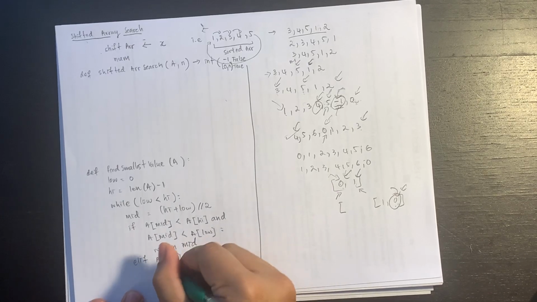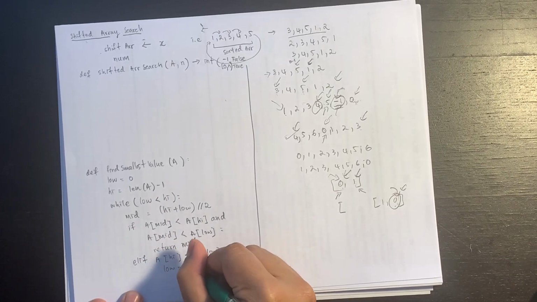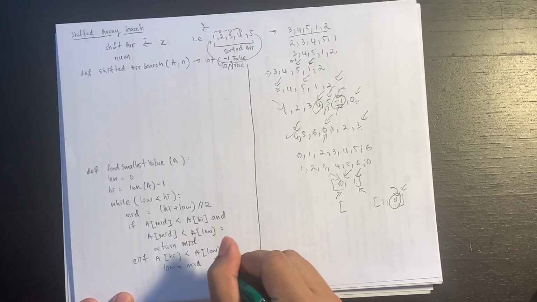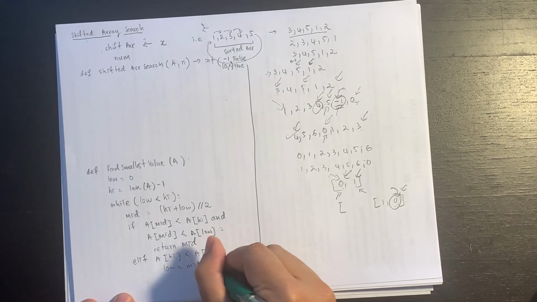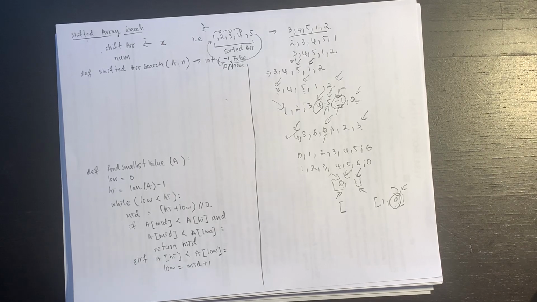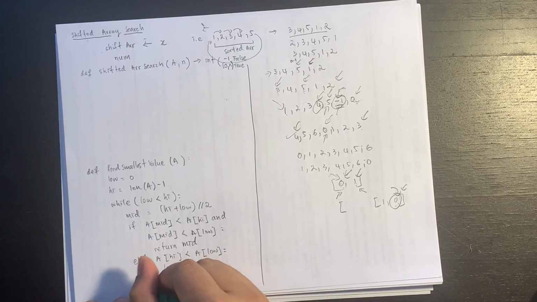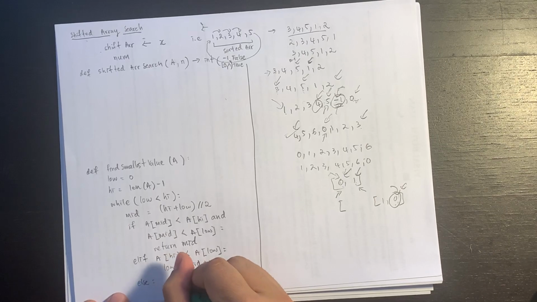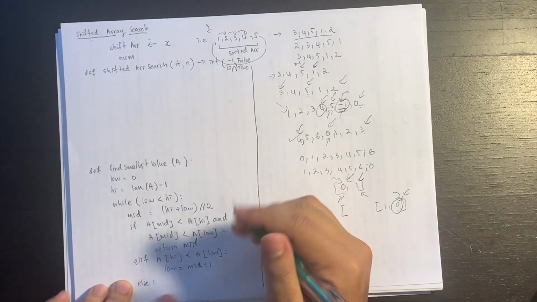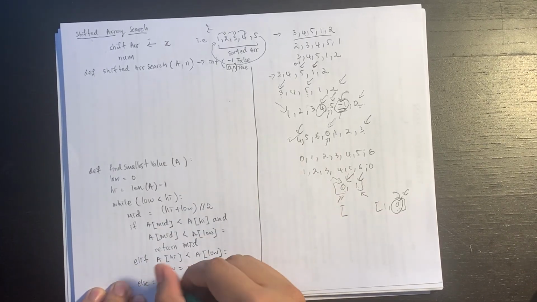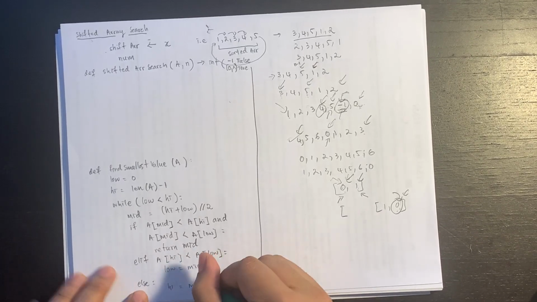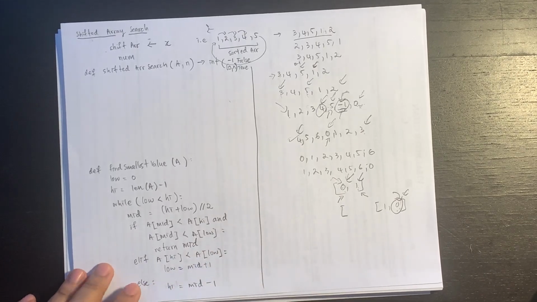So we want to change our low to equal mid plus 1, because we don't want to check the mid again, we already checked that. Else, high is equal to mid minus 1.